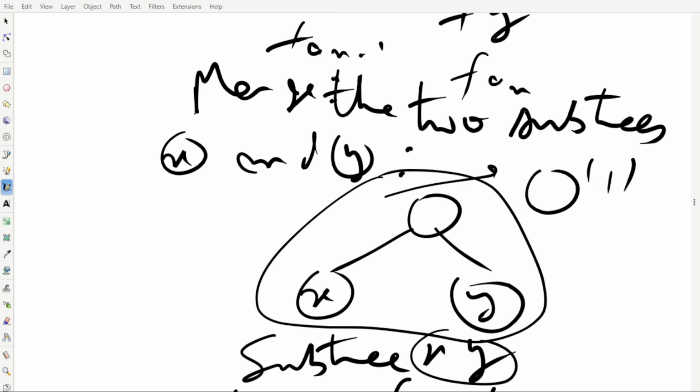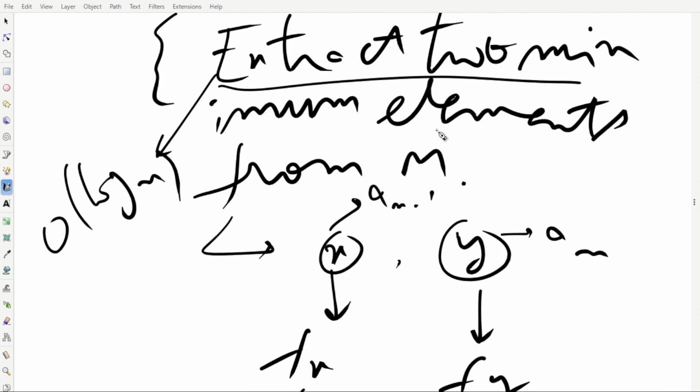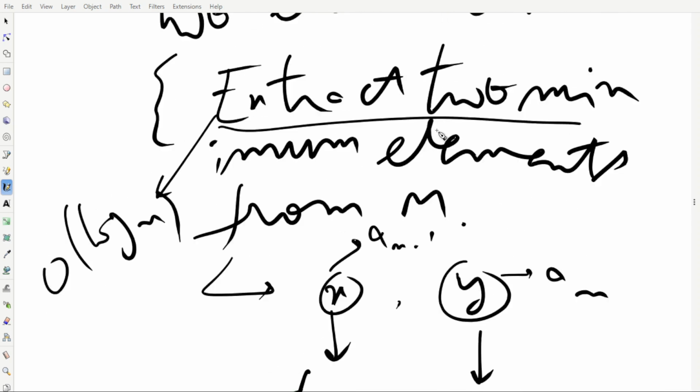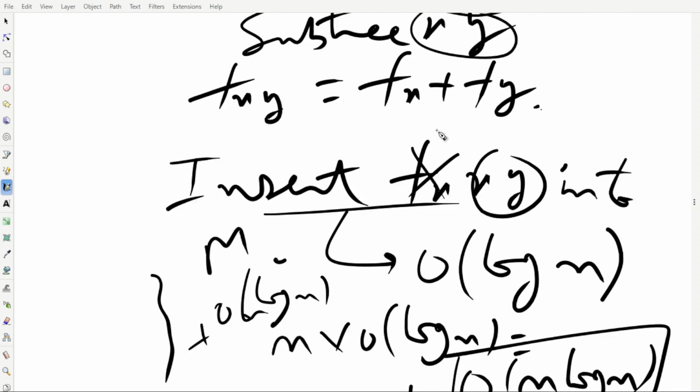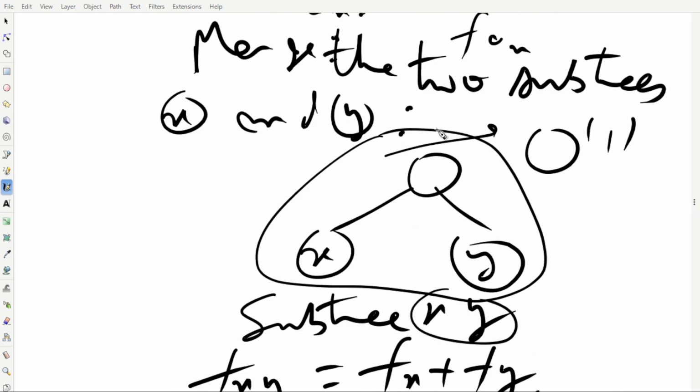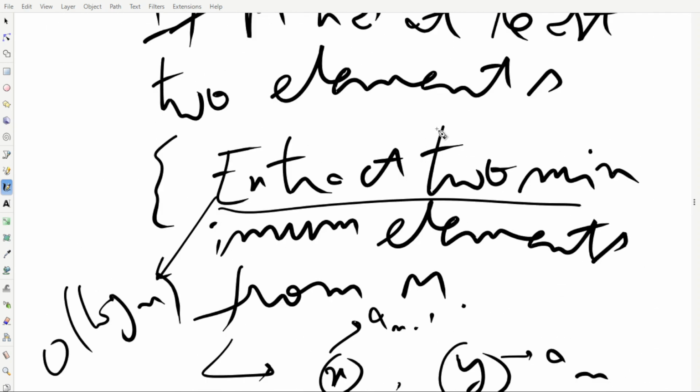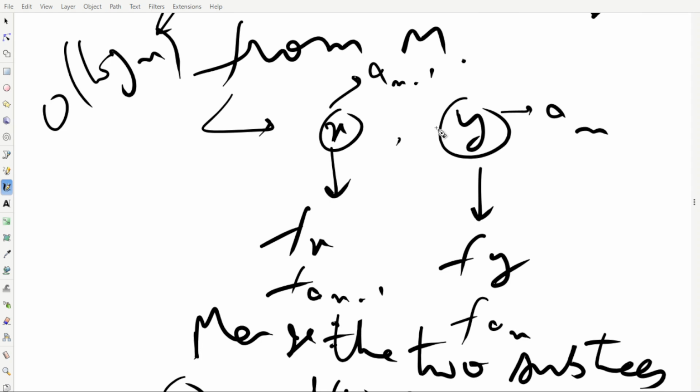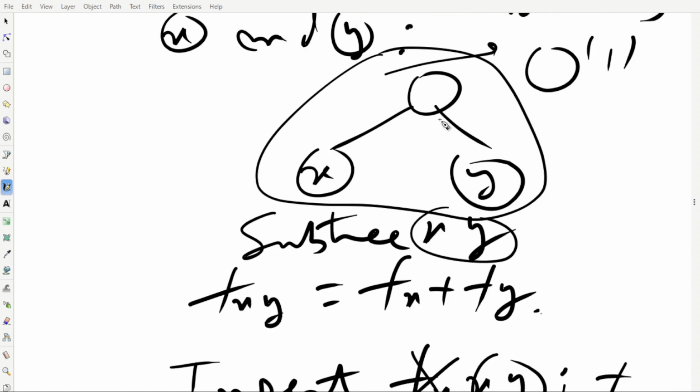So the tree that we are incrementally building, these are the partial solutions, and the subproblem we get is a single subproblem, which is represented in the min heap. So we are maintaining a min heap, and it represents a single subproblem.